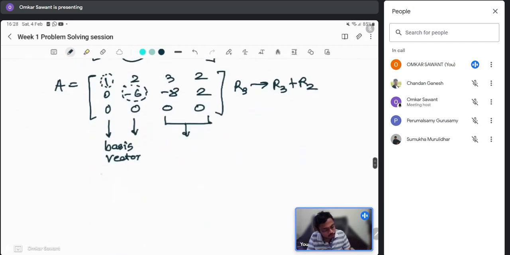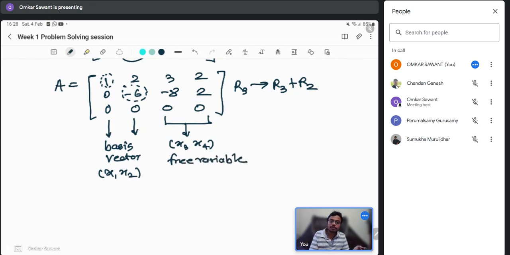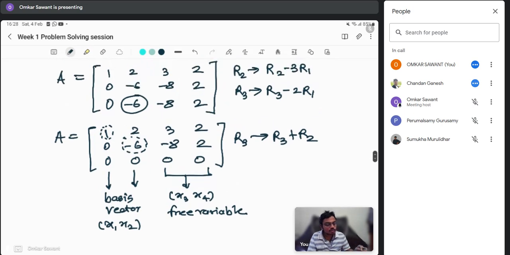So x1 and x2 will form your basis vector, and x3 and x4 will be your free variables, right? Sir, could you repeat the pivot elements once again? See, the columns with the pivot elements will form your basis vectors.